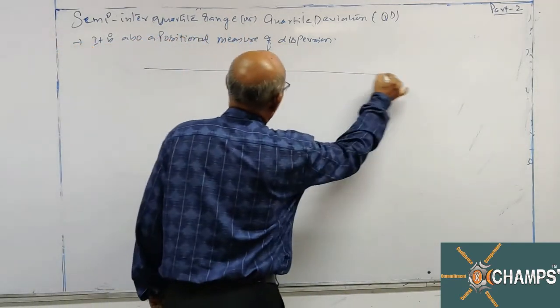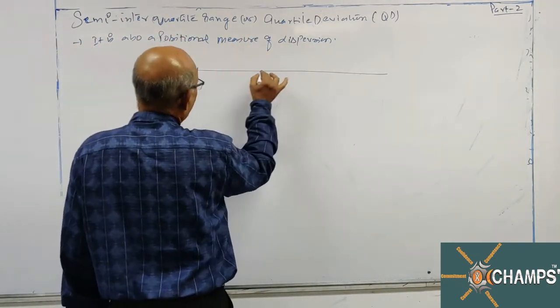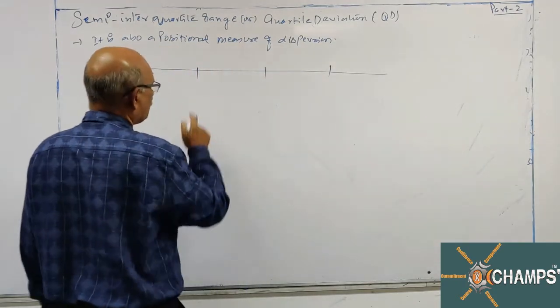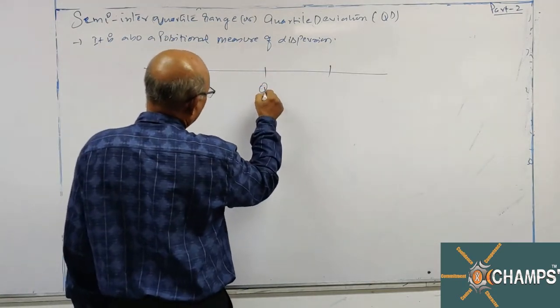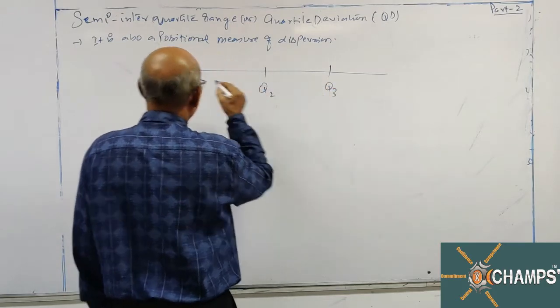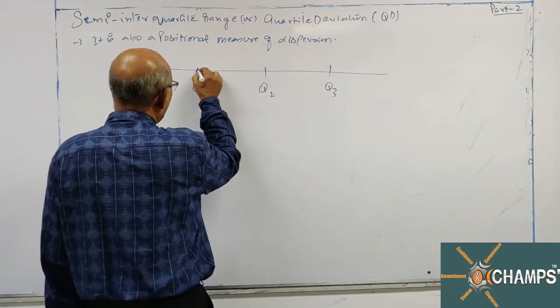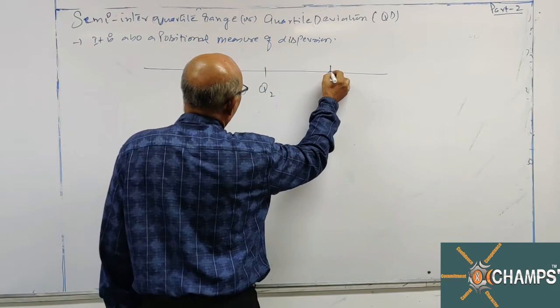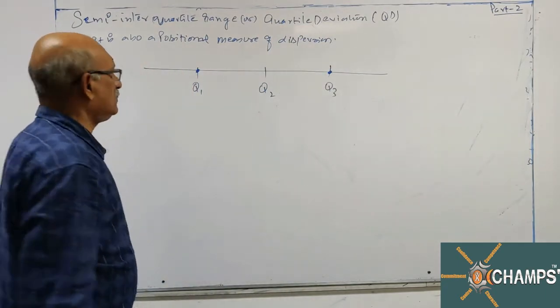If we represent the values arranged on a line this way, this is Q1, this is Q2, and this is Q3. So Q1 is having a value, Q3 is also having a value.